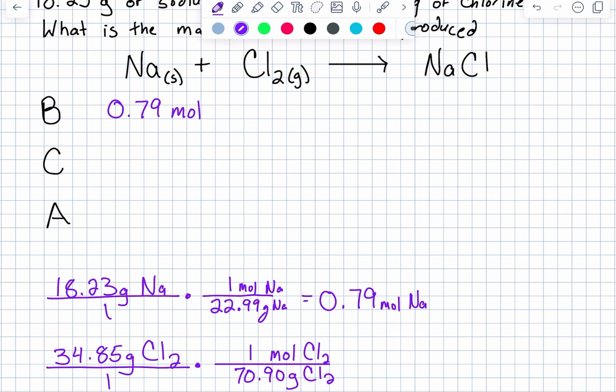And so I'm going to take 34.85, divide it by my 70.9, and I get that I need 0.49 moles of chlorine. Again, that's going to go in my starting point because that's how much I have at the start.